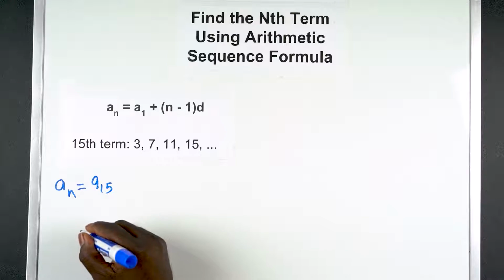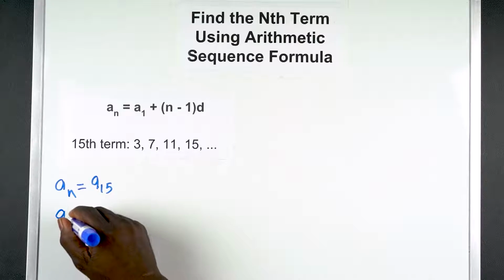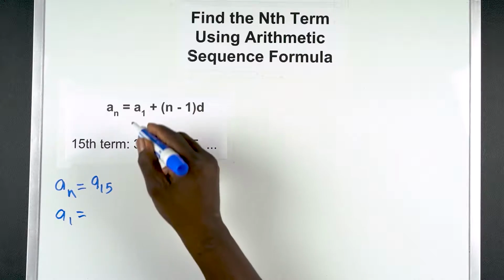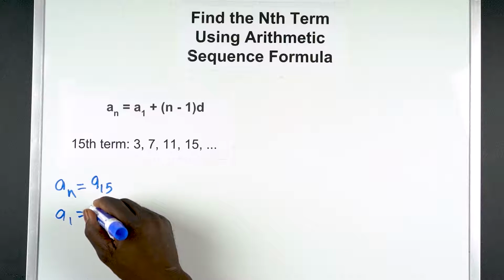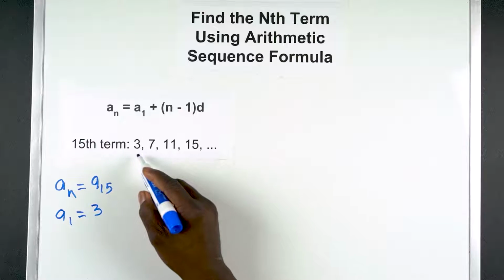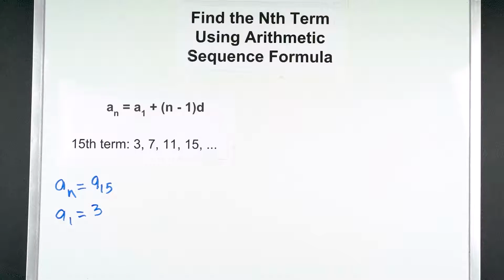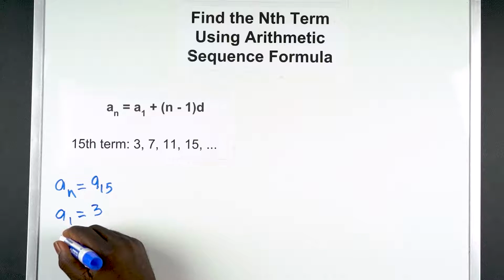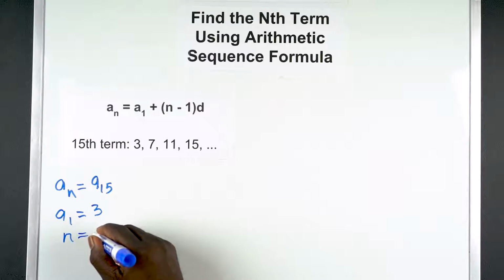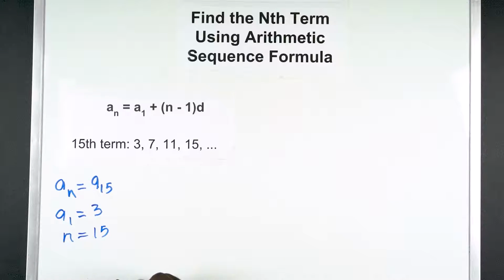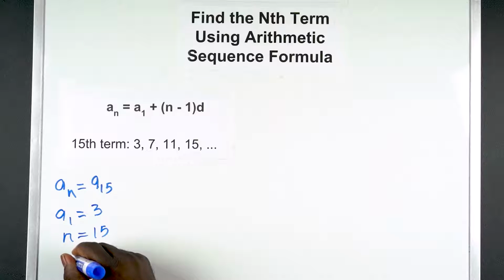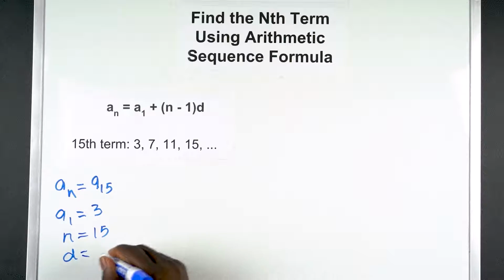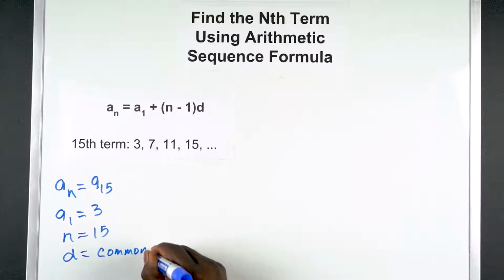And a sub 1, in this case, represents the first term in this sequence, which is 3. And n represents 15, as we can see right here. And d is the common difference. I'm going to spell that out because that's key.